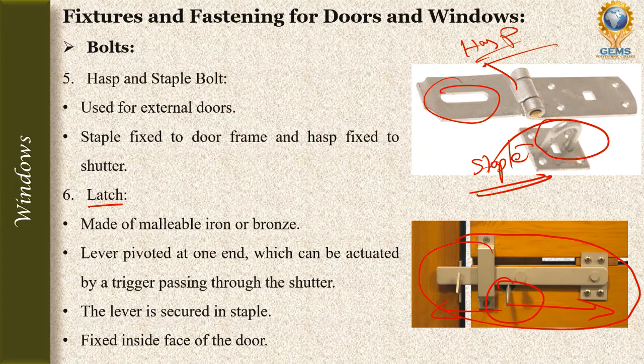If you trigger it, it will pass through the shutter and retract. This lever is secured in the staple, and this latch will be fixed on the inside face of the door only, not outside.